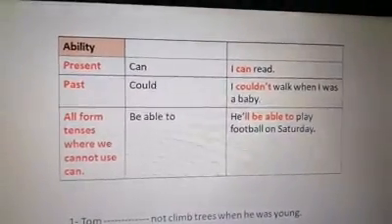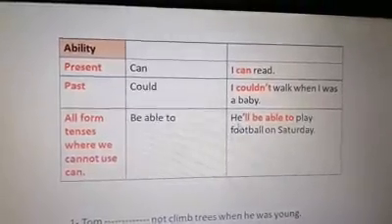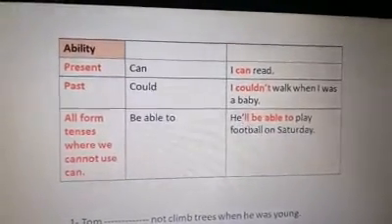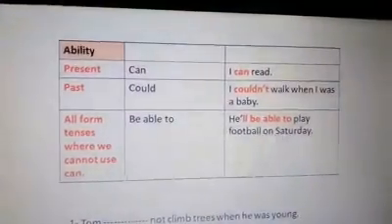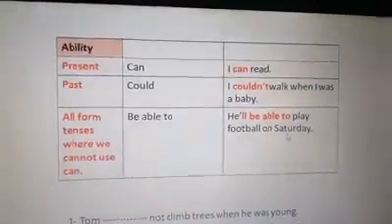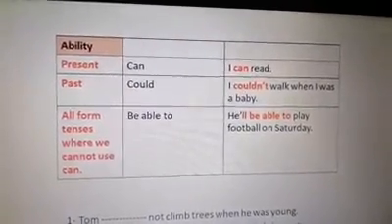For example, if I'm talking about something that will happen in the future, I can say he will be able to play football on Saturday.